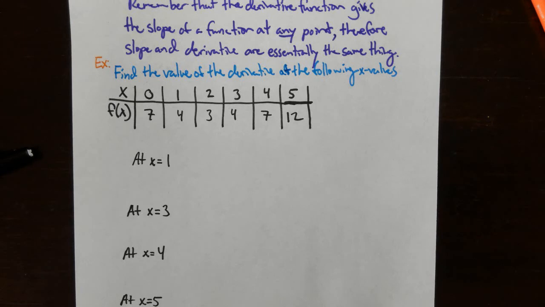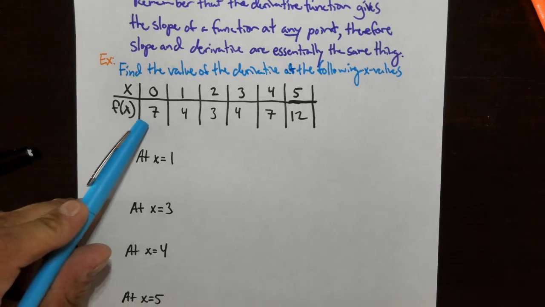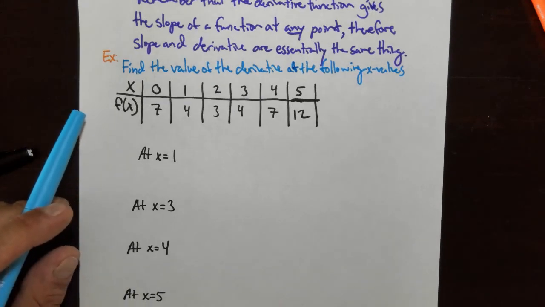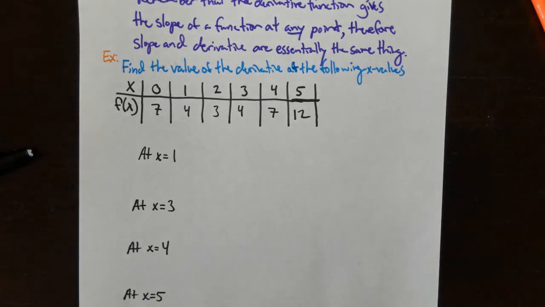Well, we're not given an actual function that we can work with where we could take the derivative, evaluate, plug in the value and look at the slope at that point. So instead we're just going to look at the slope of this. And it's not going to be the exact slope, it's going to be the average slope or the average rate of change.